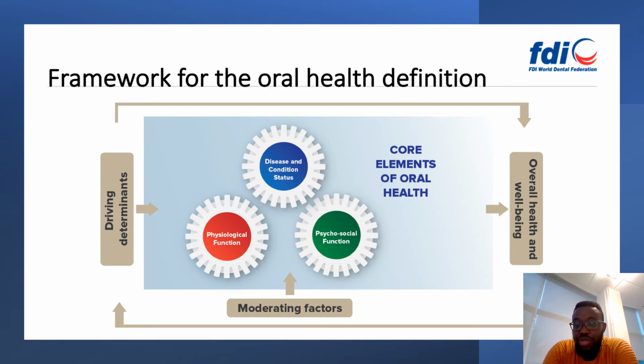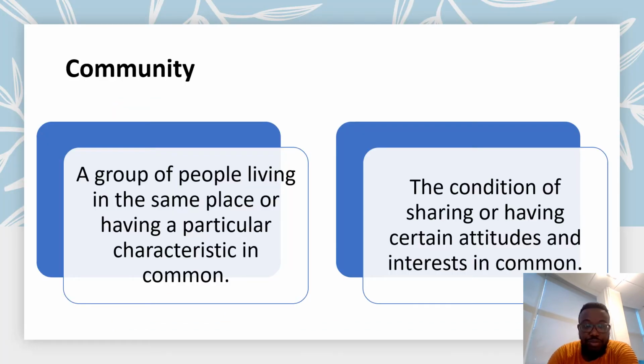The overall health outcome of the individual will be determined by what is happening with these elements. We will be understanding these things a lot more as we progress in this module, because we're just making an introduction to the things we need to have in mind, and we will use that to progress in this module.